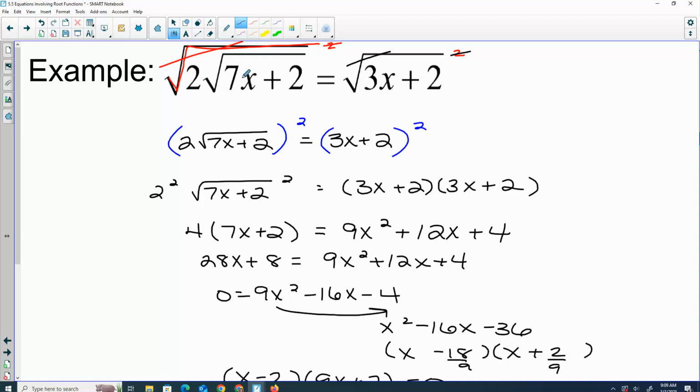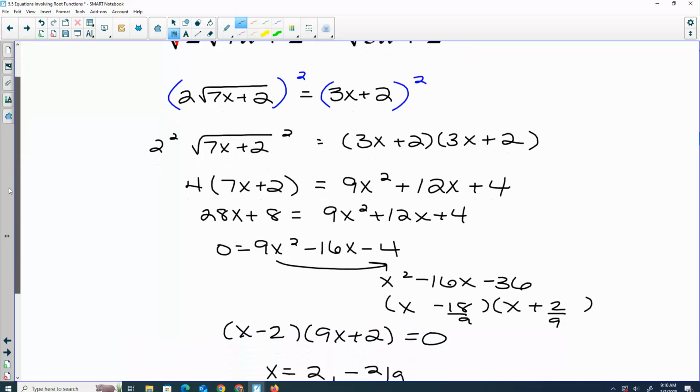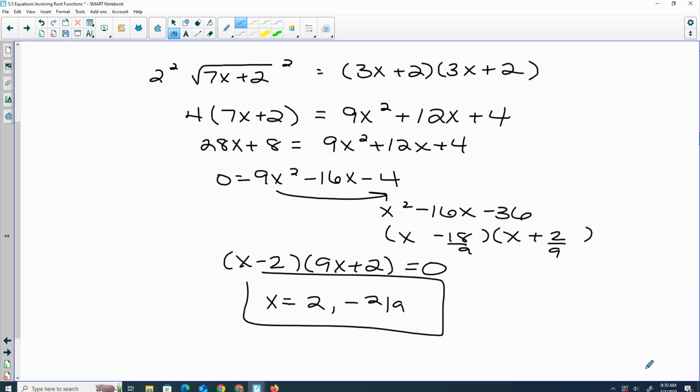Okay, check your negative 2 ninths. So, you check them, plug both of them in, left and right hand side have to be the same, and this time they both do work.